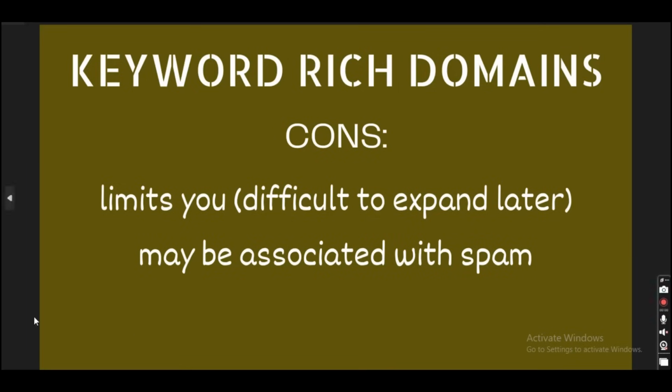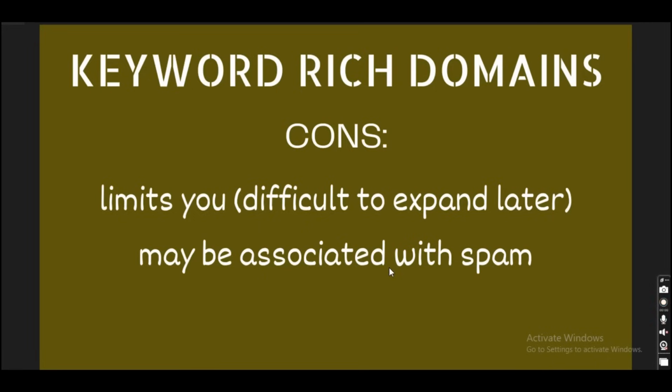Now another disadvantage is that some of these keyword rich domains are usually associated with spam. Something like best this, best that, best longboards, cheap this, those kinds of domains, sometimes they may be associated with spam. That is why before you register any domain, you should always go to archive.com and check the history of that domain.